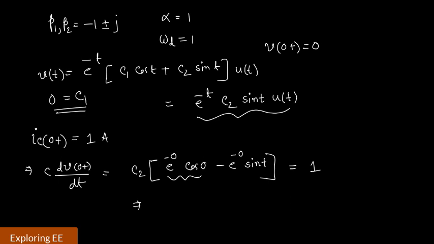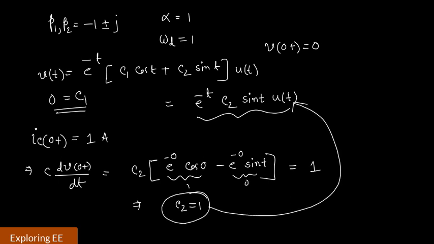This term is unity, this term is 0. So we get C2 equal to 1. If we put C2 equal to 1 here, we get V(t) is equal to simply e to the power minus t sin t into u(t).